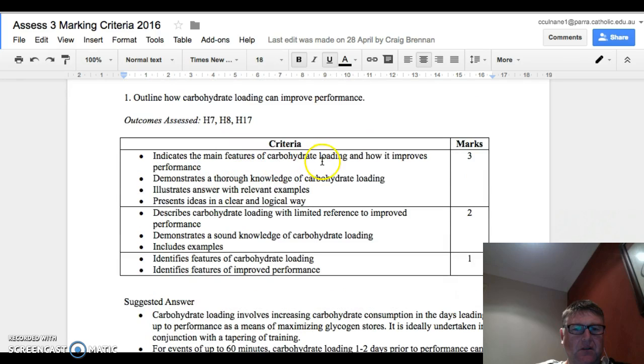Indicate the main features of carbohydrate loading and how it improves performance. So there's 2 elements there. One is the main features of carbohydrate loading, and then how does that affect performance or improve performance. That's the 2 things you need to look at there.